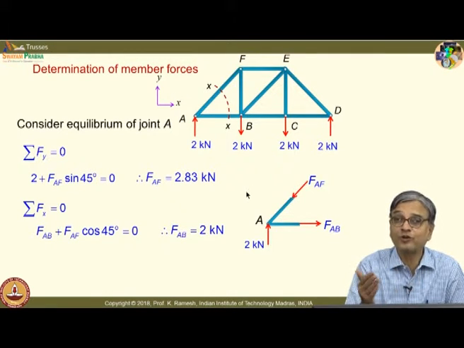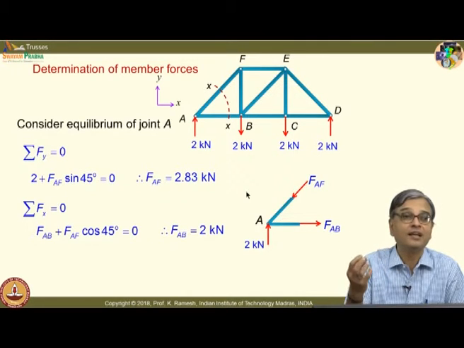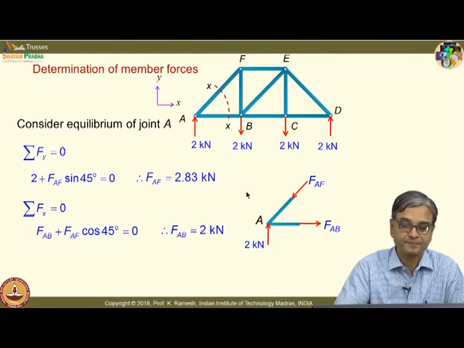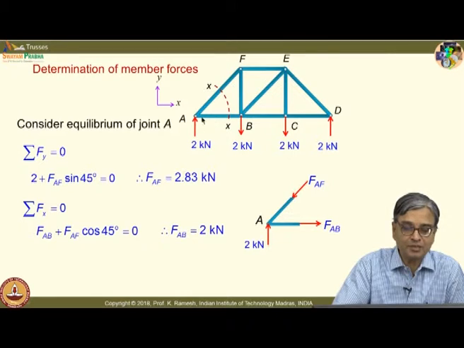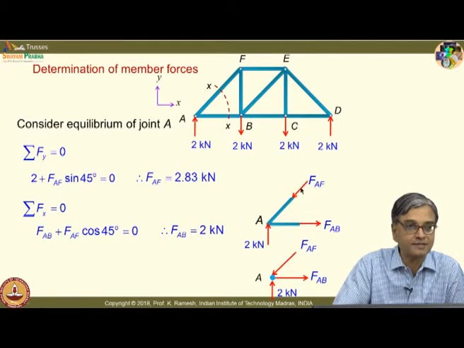That is also required for you to visualize what will be the deformed shape. So, they just put this as a pin is put as a circle, and I have 2 kilonewtons like this, and I have the final force system like this.